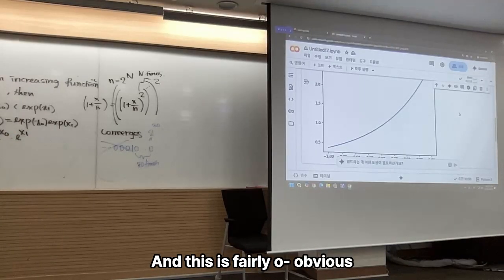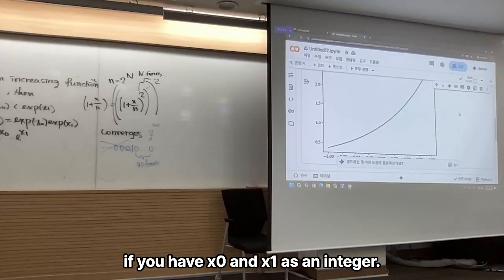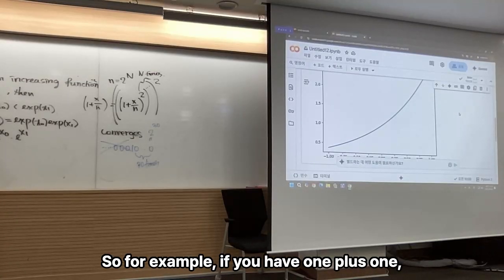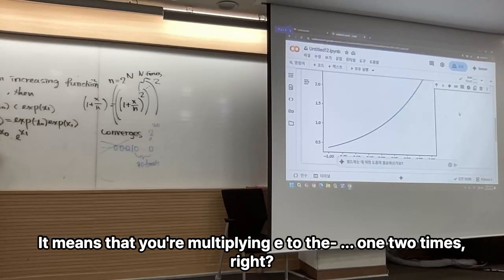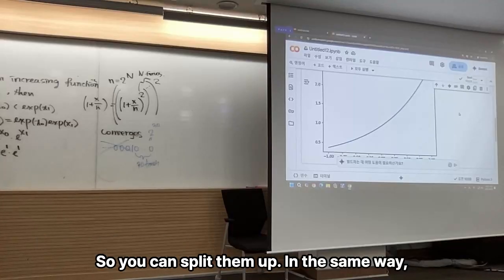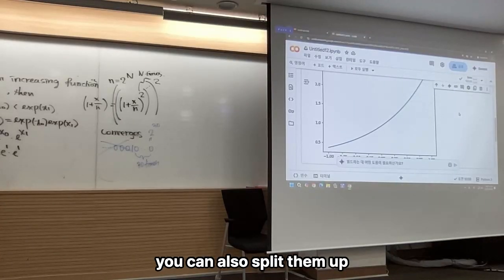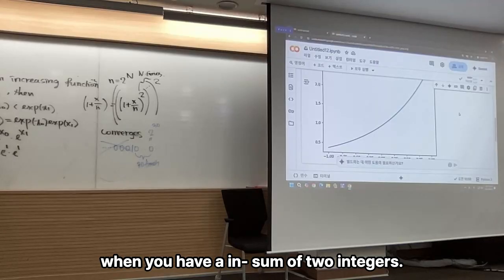And this is fairly obvious if you have x0 and x1 as integers. For example, if you have 1 plus 1, then it's e to the power of 2. It means that you're multiplying e to the 1 two times, right? So you can split them up. In the same way, you can split them up when you have a sum of two integers.